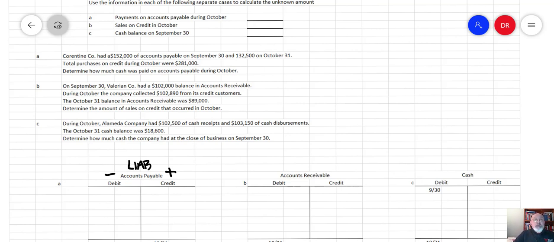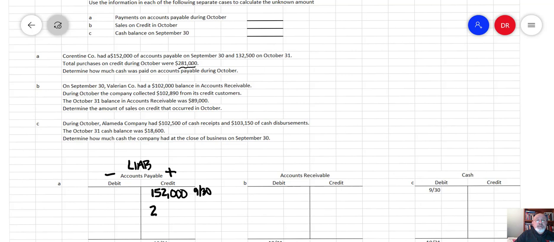We know the beginning balance is $152,000, so that's the normal balance. So we're going to put that on the credit side. That's at 9/30. And then it says that they had purchases on credit during October of $281,000. So we're adding to this account through these purchases.